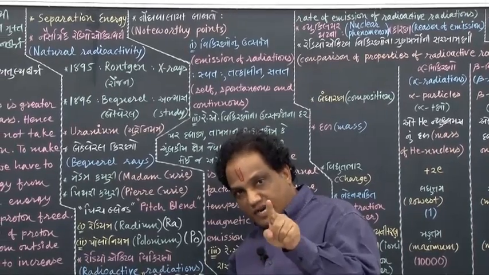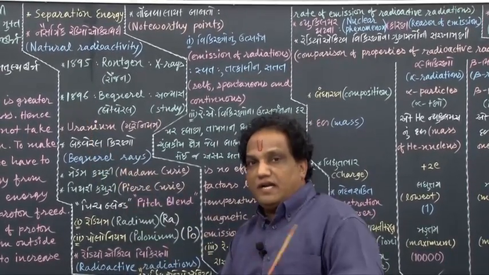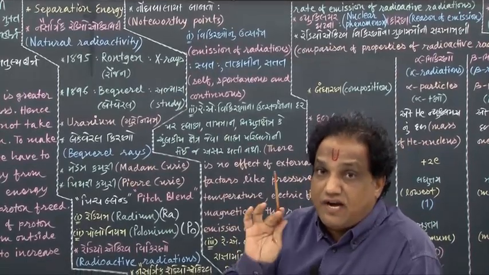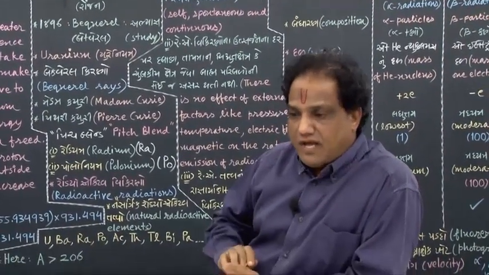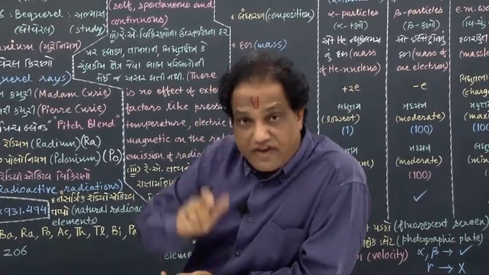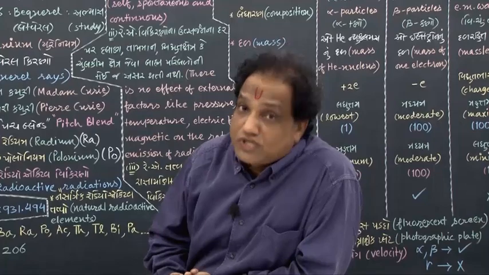But then one year later, in 1896, there was a scientist named Henry Becquerel, and he was trying to study the relationship of production of X-rays with fluorescence.